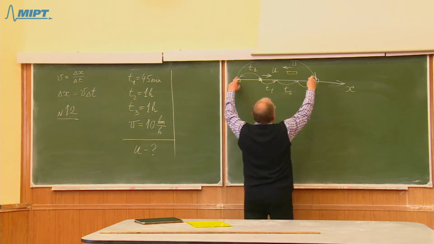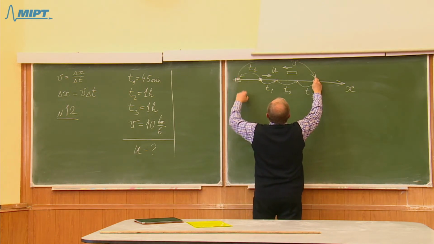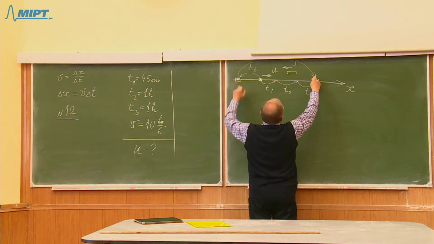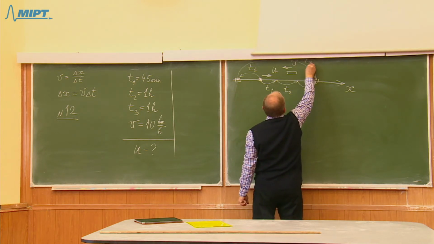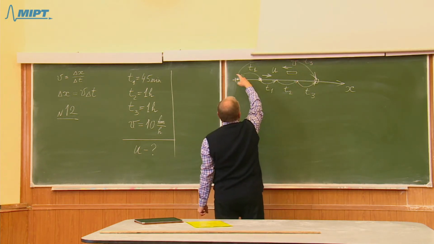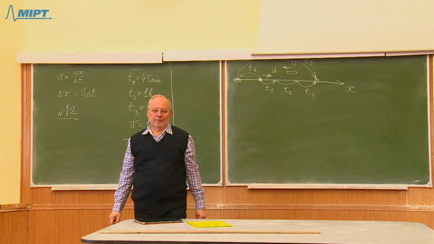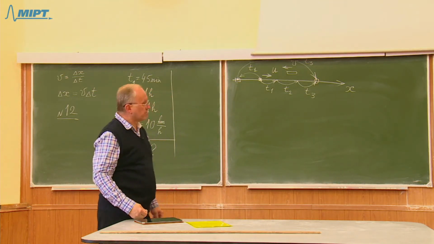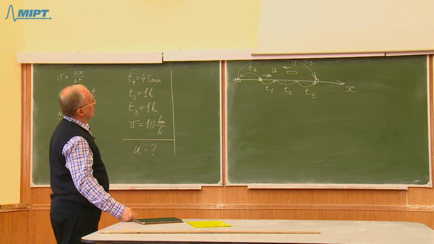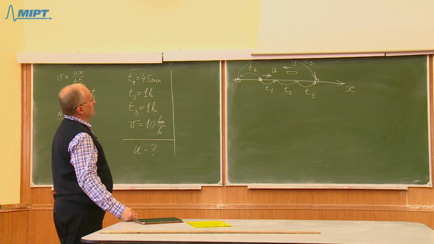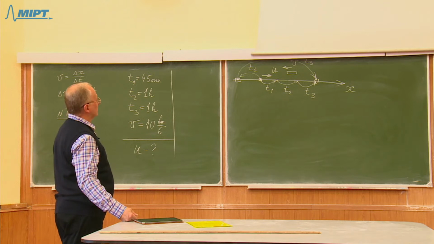For the motorboat, it took time interval t3 to go from the landing stage to overtake the raft. So that's what happened here with the raft and the motorboat.